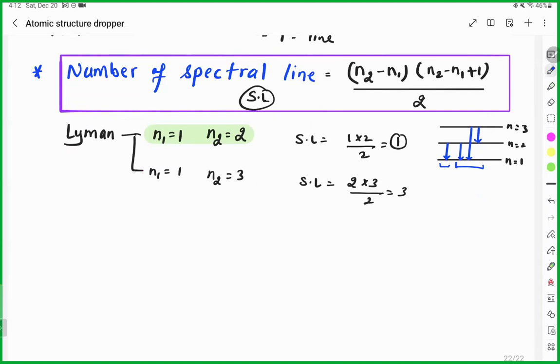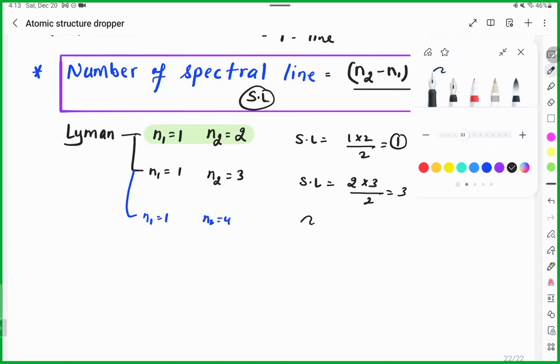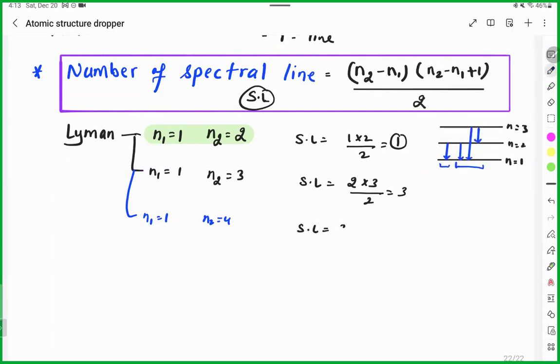If the same thing happens with n1 as 1 and n2 as 4, what will be the number? First, see their difference. 4 minus 1 is 3. Take one more value, 4, and divide by 2. That gives 6. Let's see here: 1, 2, 3, 4. One line, two lines, three lines.